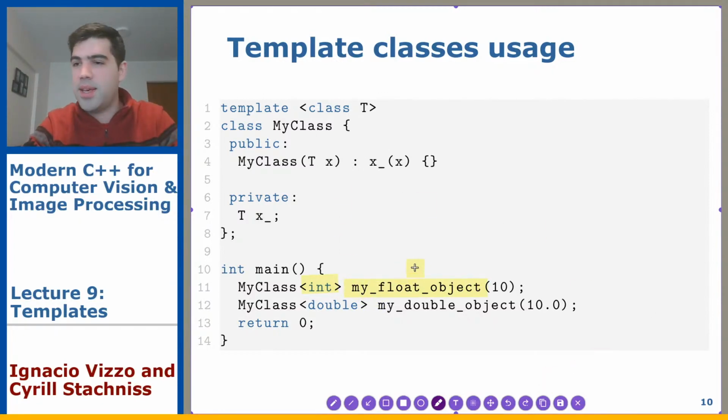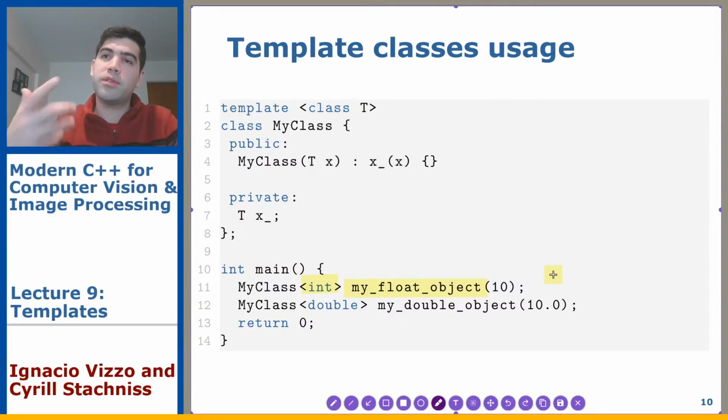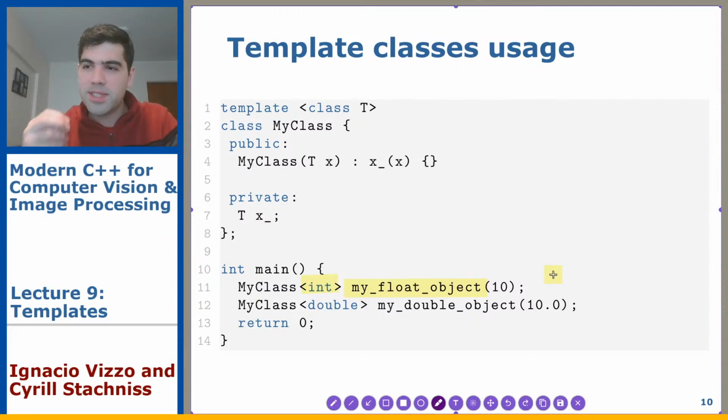Actually, std vector, for example, uses this syntax. std vector is a class template, and at compile time you need to say I want this vector to be of type T, and then the compiler will generate a vector for you. C++ doesn't ship with any vector class. The standard library ships with a template class for creating vectors. If you want to use integer vectors, the compiler will generate one for you at compile time.